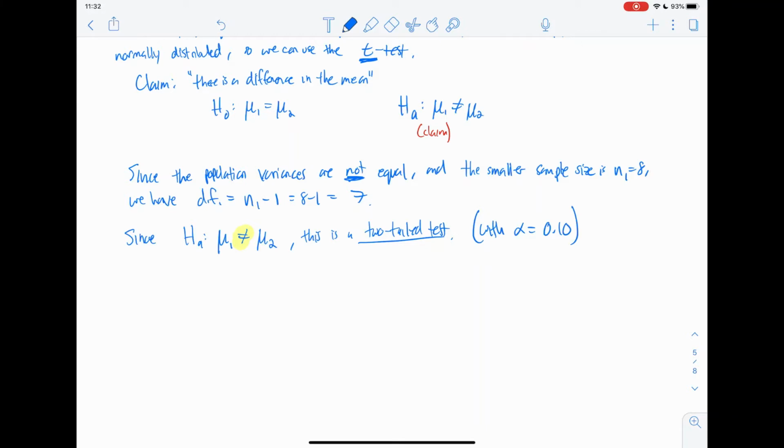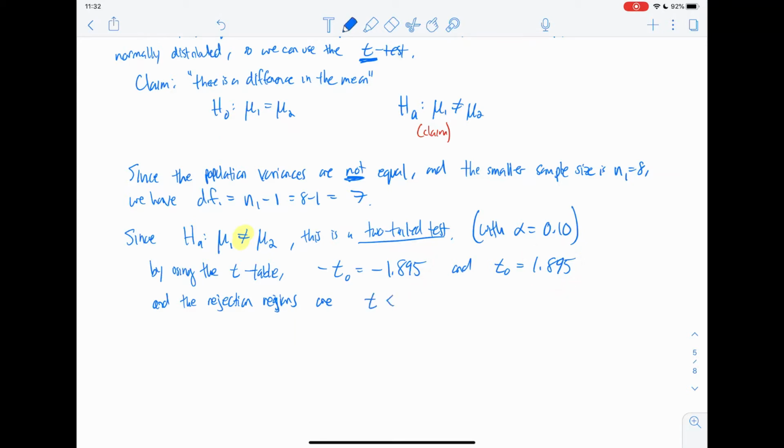So let's import that back into our problem here. What we'll find here is that by using, we'll call it maybe the t-table, the two critical values are negative t sub 0, which is negative 1.895, and positive t sub 0 is positive 1.895. And the rejection regions are everything to the left of the negative and to the right of the positive.